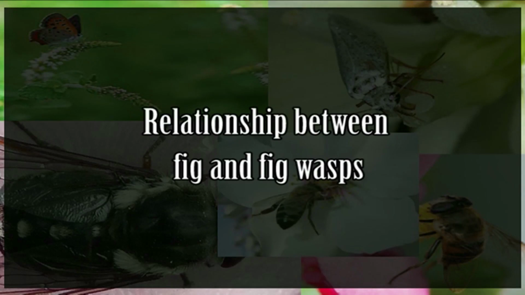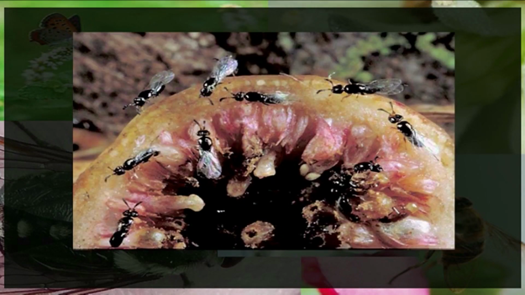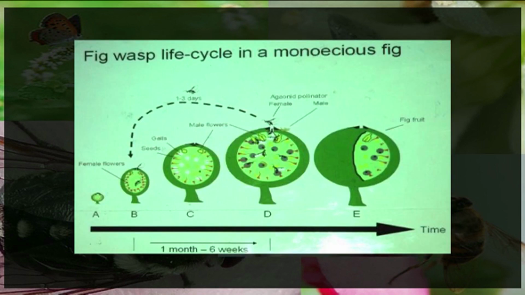Now we discuss the relationship between fig and fig wasps. Figs and fig wasps have evolved to help each other and are interdependent for reproduction. Fig wasps lay their eggs inside the fruit where the wasp larva can safely develop, and in return the wasps pollinate the figs.